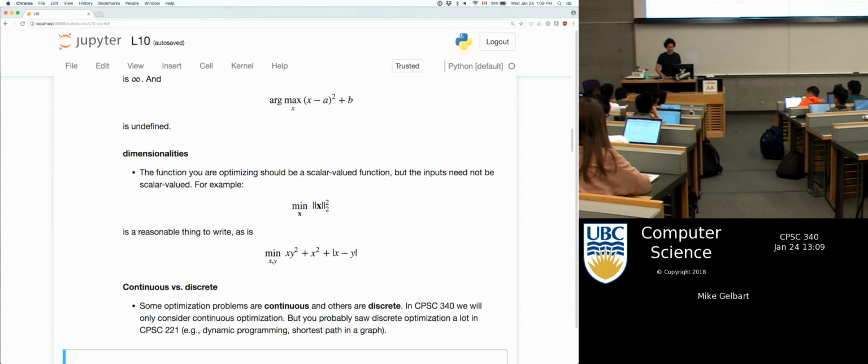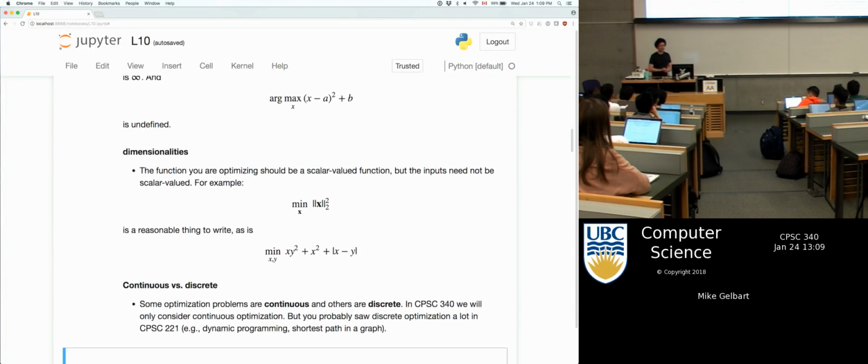So another distinction I'd like to make is this continuous versus discrete distinction. I like to think about data types, as we've talked about before. Is x a number? Is it a vector? What size is it? Shape? A very important distinction between types of optimization problems would be, is x continuous or is x discrete?